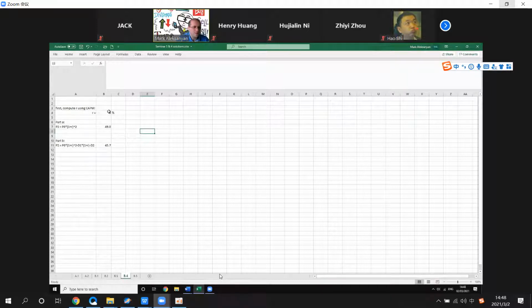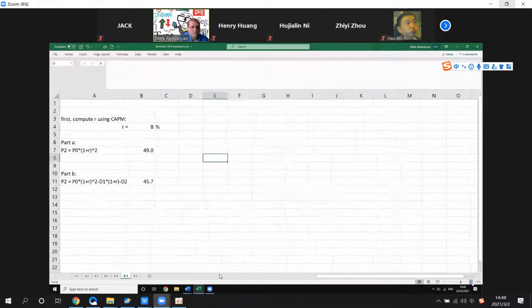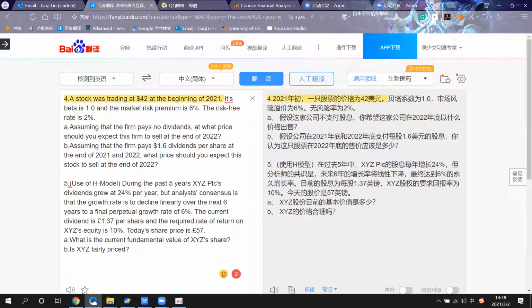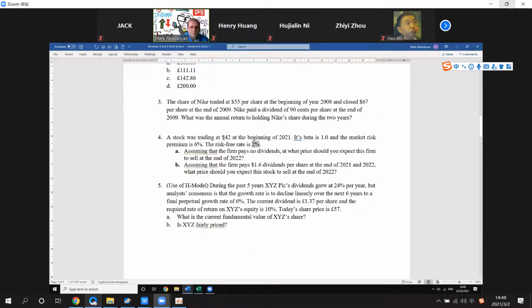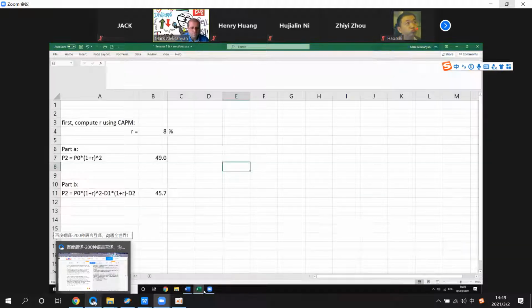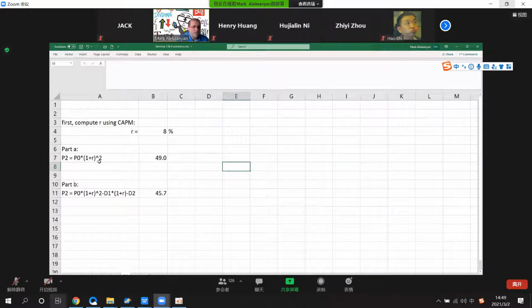So if it is 8%, and today's price is P0, let me slightly increase the size of the screen here. We know today's P0 is $42 and our R is 8%, and we receive or pay no dividends, then the future value would be just, we need just to compound it over the 2-year period at this rate, right?